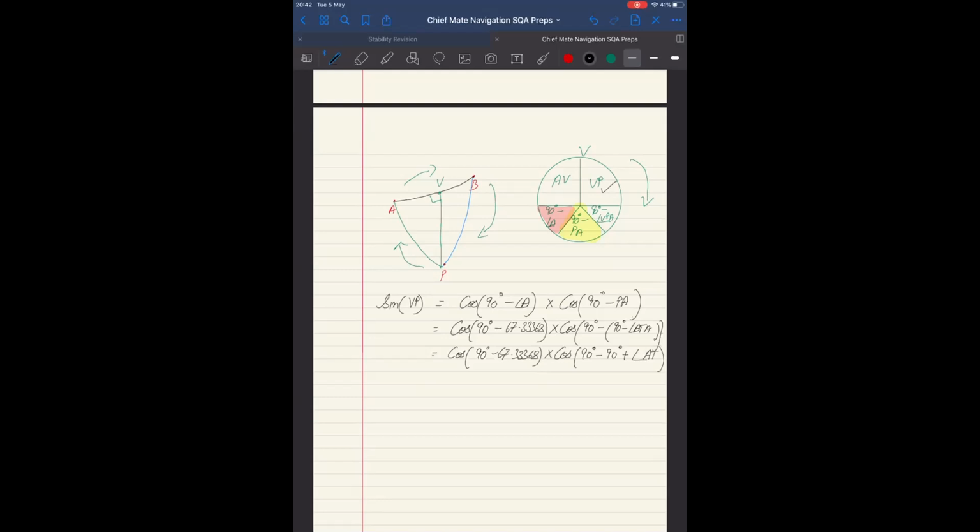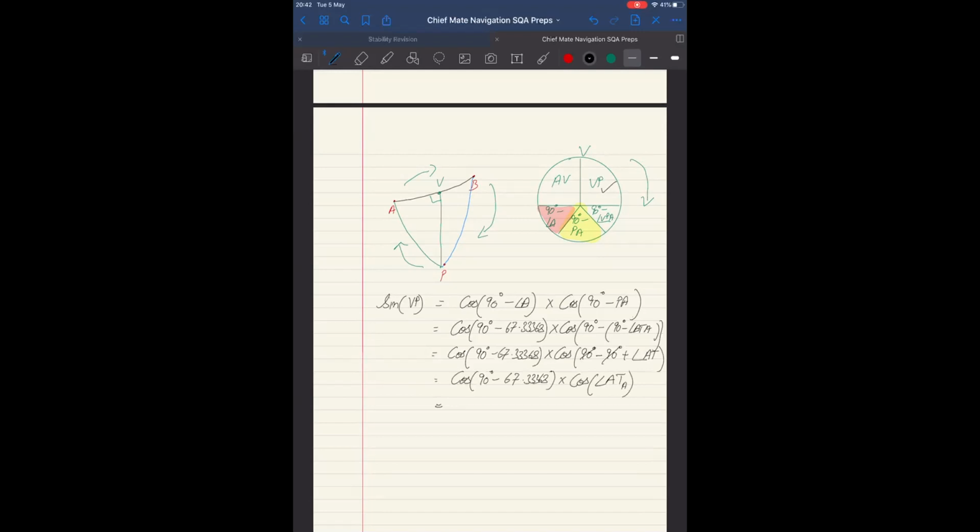So we know 90 degrees minus 90 degrees is 0, so they get cancelled off. Whatever is remaining is cos of 90 degrees minus 67.33368 degrees multiplied by the cos of lat.